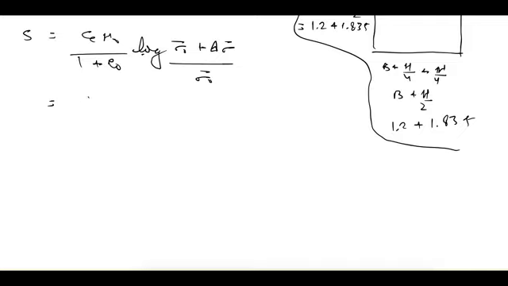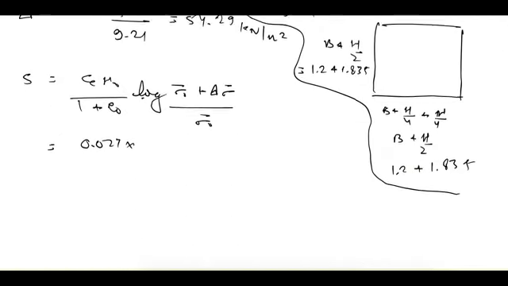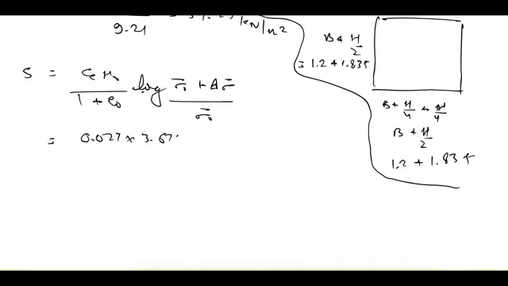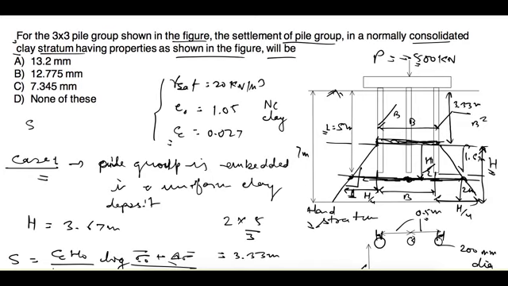So these values are 0.027 into H naught, this depth, that is 3.67 meters, divided by 1 plus 1.05, log of (sigma naught is 103.3 plus increase in stress 54.29) divided by 103.3. So this settlement S comes out to be 8.87 mm. So from here this D option would be correct, that is none of these.